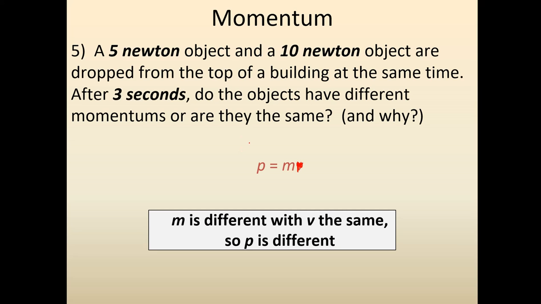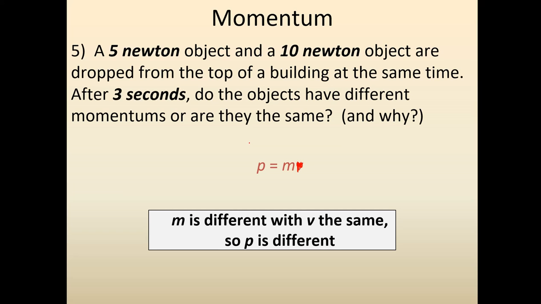One thing I want to point out though is you can't just look at one variable, see how that changes, and then say that the other one's going to change. You do have to look at both, because if they had a scenario where they had different masses and they fell for different amounts of time and their speeds are different, one might end up being bigger and the other one smaller, and it could end up canceling out such that the momentum doesn't change.